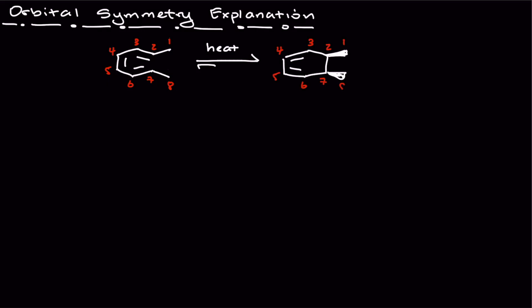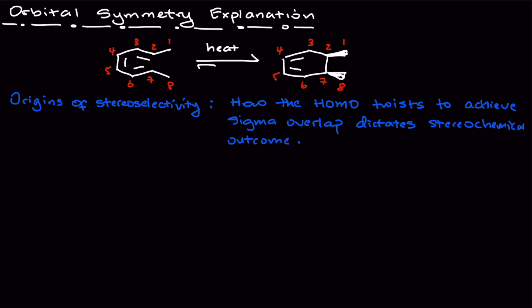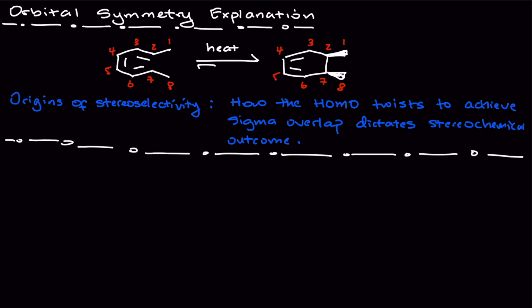And the key thing to note here when you're talking about the origins of stereoselectivity is you really need to think about the HOMO orbital, which is our highest energy occupied molecular orbital, and how that has to twist in order to achieve that sigma overlap that we want between carbon 2's p orbital and carbon 7's p orbital. And so a lot of this really requires us to remember how to build our molecular orbital diagram for conjugated pi systems.